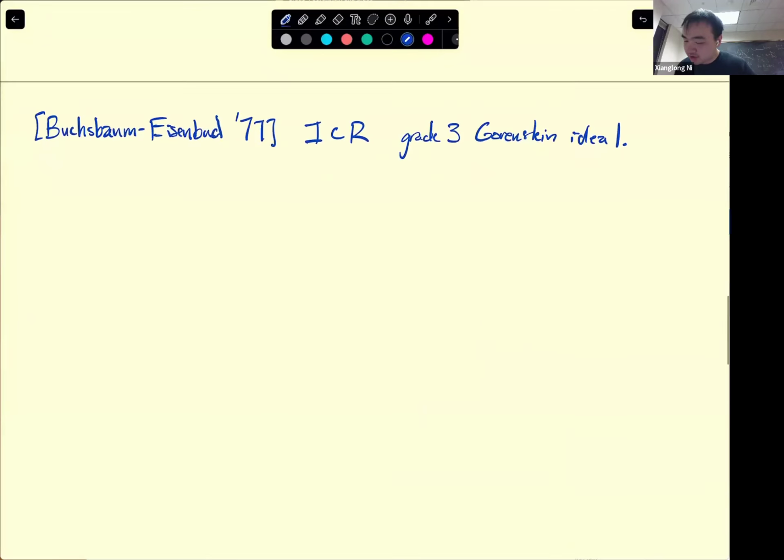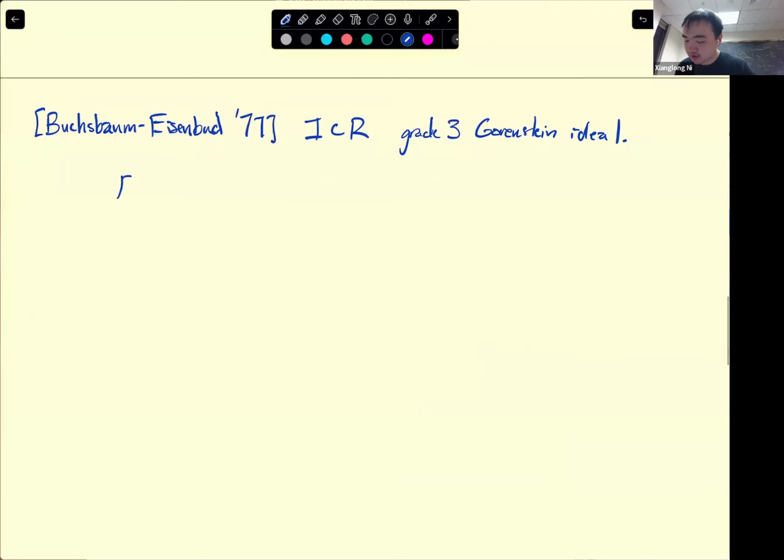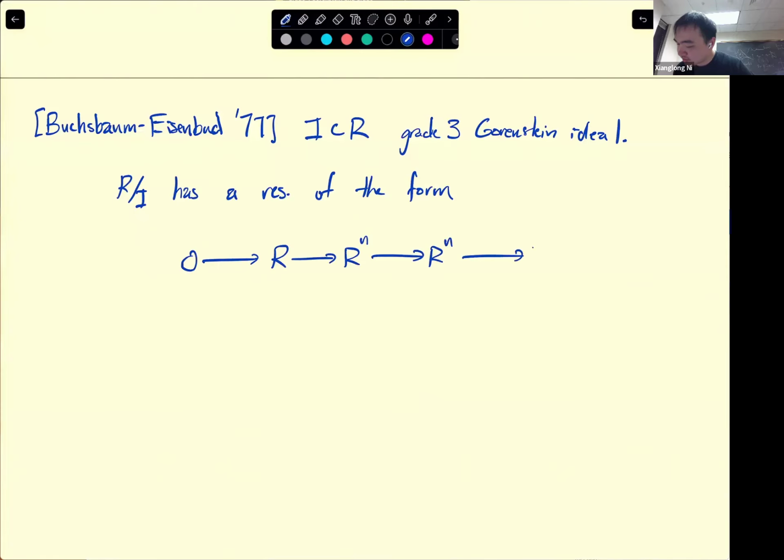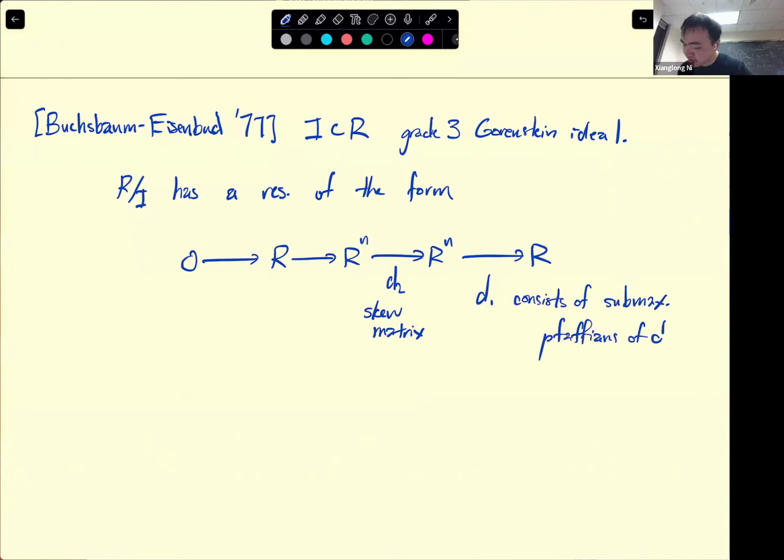So R mod I, the claim then is that R mod I has a resolution of the form like this, where D2 is a skew matrix and D1 consists of some maximal Pfaffians of D2, and here n is odd.